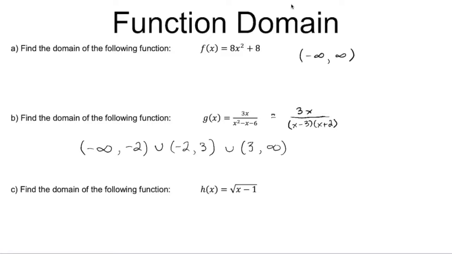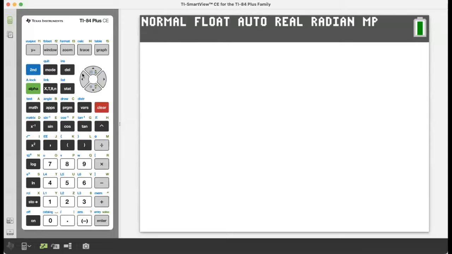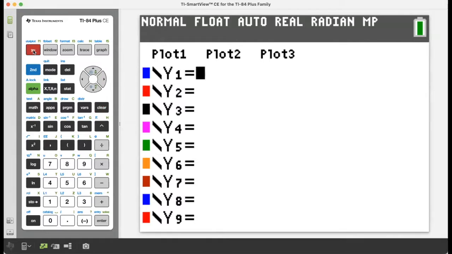Let's take a look at this function on our graphing calculator just to get a little bit more understanding and have a visual to accompany this. So we're here at our graphing calculator, and I've already cleared my calculator, making sure that there's nothing here, and I'm going to where I enter my function.